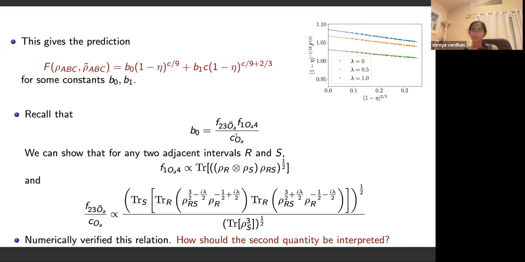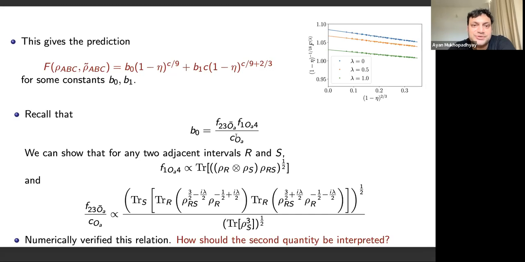But somehow this is surprising, because the original expression that we just showed has no lambda dependence, but when you expand it about some limit, you find the lambda dependence coming out. So there seems to be some discrepancy. Because you're taking the same 4-point function, your starting point is the same in all cases.